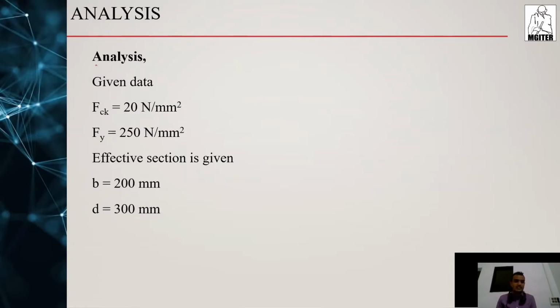So first of all, the analysis. This is the given data: fck is 20 Newton per mm square, fy is 250 Newton per mm square, width 200 mm and depth 300 mm. These are all given in the example.